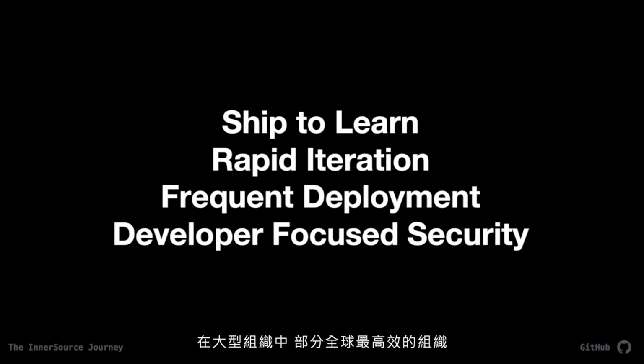If you look at large organizations, some of the most effective organizations in the world have invested in more frequent deployments. Microsoft, in their efforts to increase the way that they focus on inner sourcing, have moved from semi-annual ships of software to shipping hundreds or thousands of times a day.